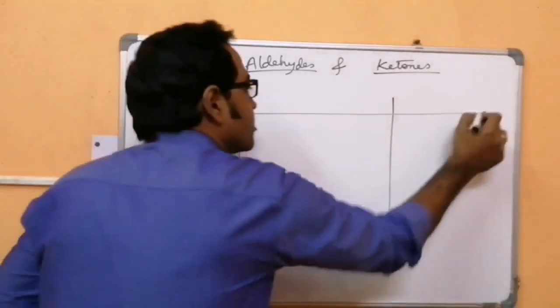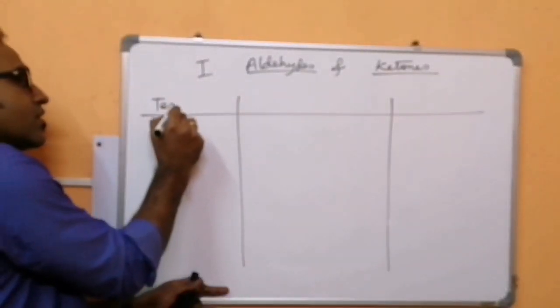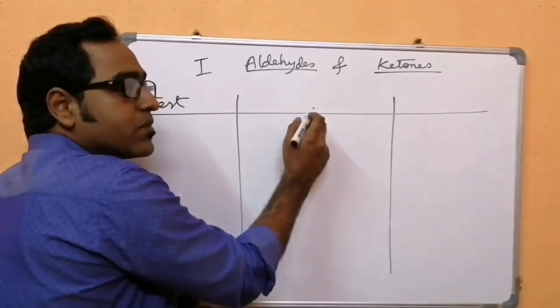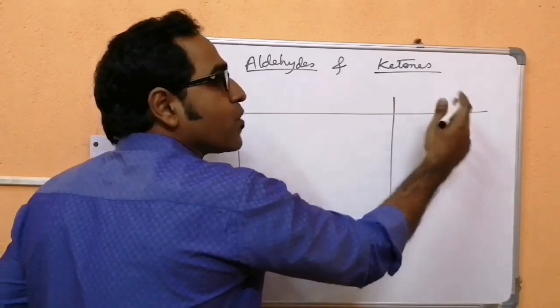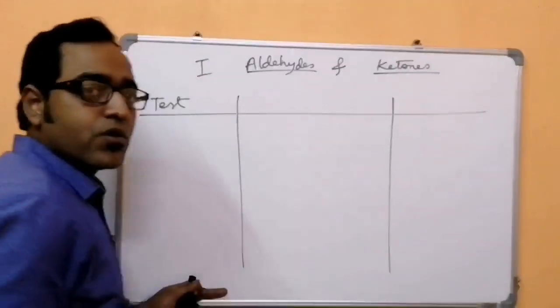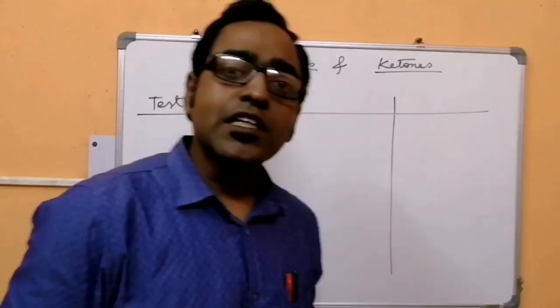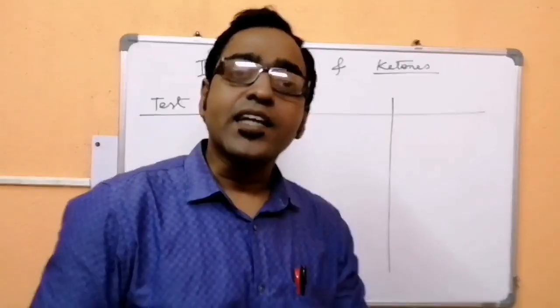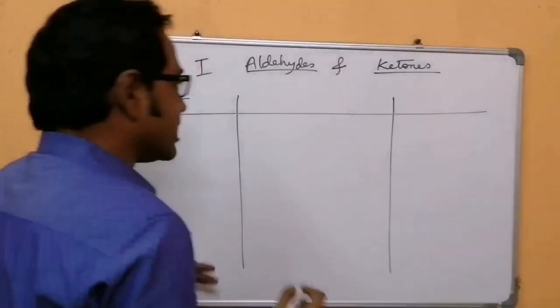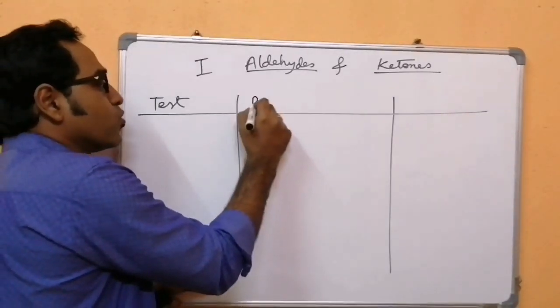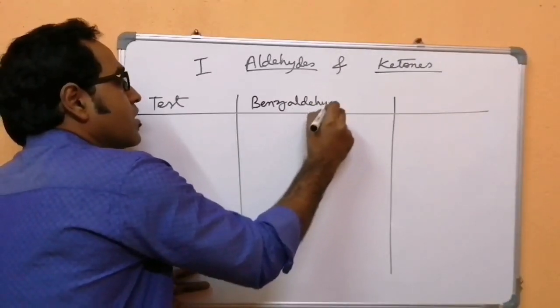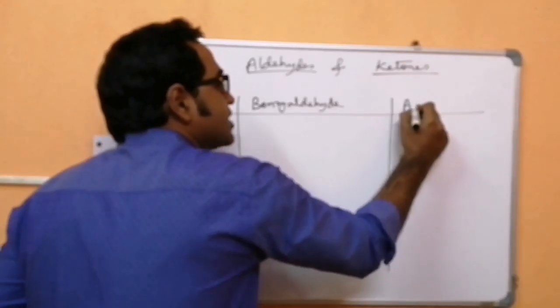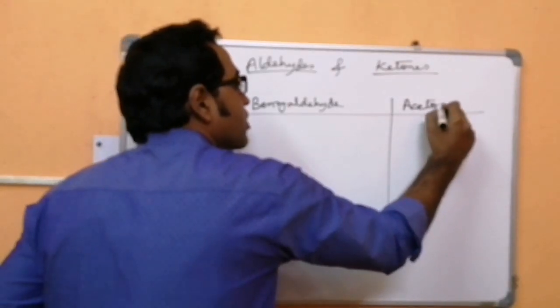The first column is the test. The second column is the name of the first compound. And the third column is the name of the second compound. For example, if you have to distinguish between benzaldehyde and acetophenone, write down benzaldehyde and acetophenone.